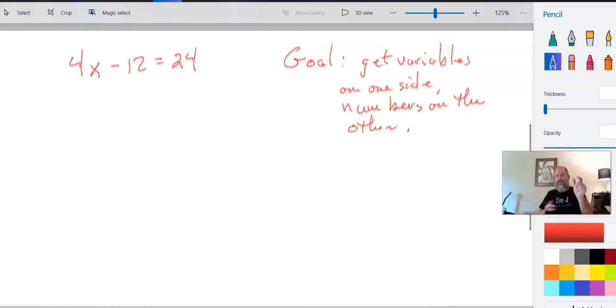Because really, we want to get to the point where we can just say x equals something, right? Some number. I'll just call it a because we don't know. Our goal is to get x on one side by itself. Well, let's look here. I have all the x's on one side, but I have things that are in the way. So if I'm going to solve this, well, actually, let's just see what you know already. Go ahead and pause here and see if you can work it out.